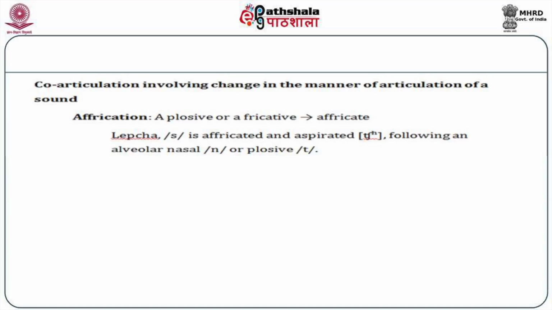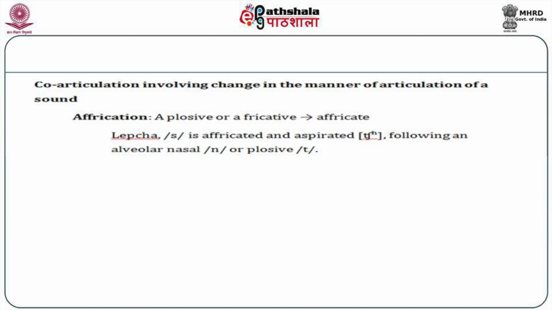Now the co-articulation types involving a change in the manner of articulation. These are many in number. We take a look at them one by one. Affrication. A plosive or a fricative becomes an affricate.